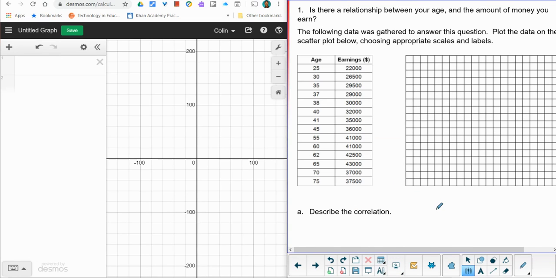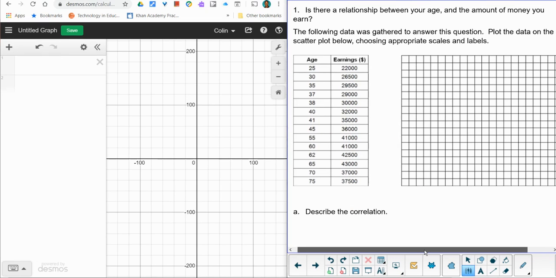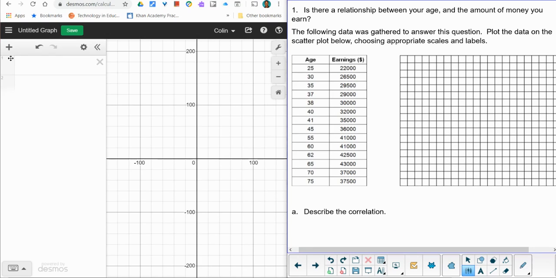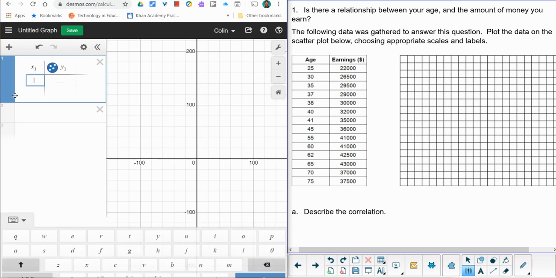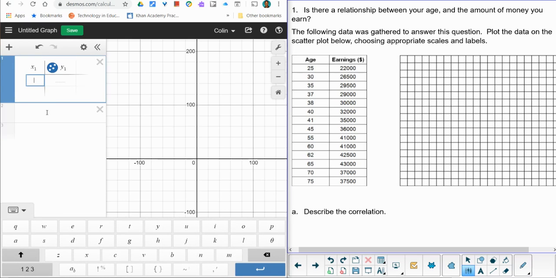So look what I'm going to do on this side. I'm going to go to this plus sign and press plus and add a table. So in this table, I have to now put in all this information. So I have 25, 30. If you want to pause the video, open up Desmos and see if you can follow along and practice this.